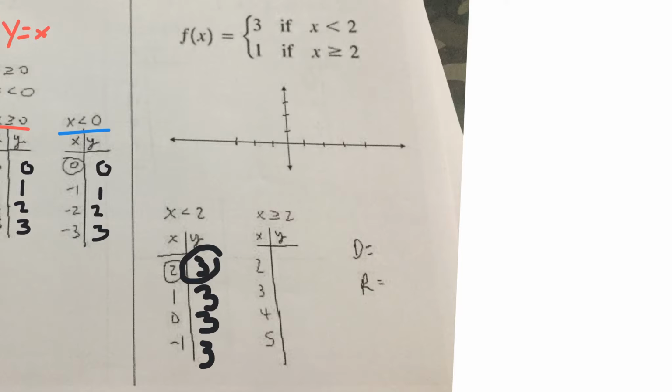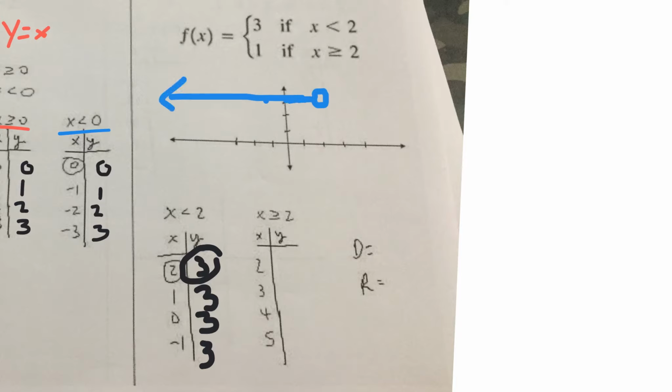But to show that it's not included, we're going to put an open circle there. So let's graph that portion of the graph. So I go to negative 1, 3. I plot a point. 0, 3. 1, 3. And then at 2, 3 again, that's not included, so we're going to put an open circle at 2, 3. And the graph goes all the way up to that open circle.